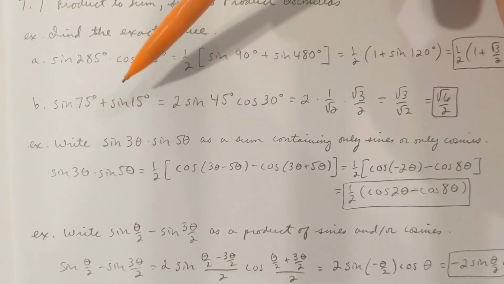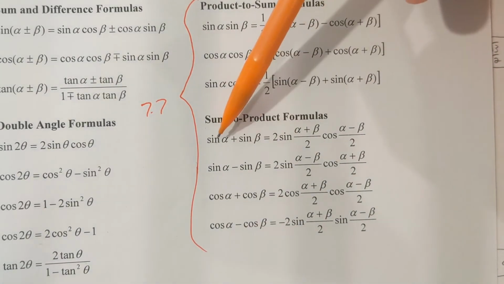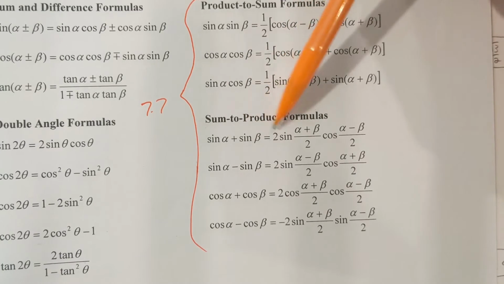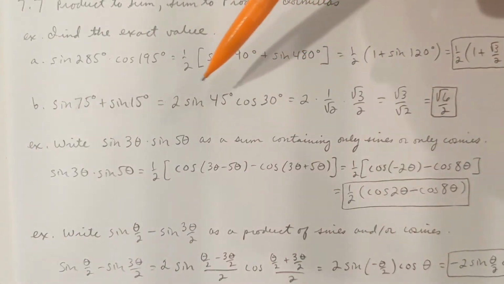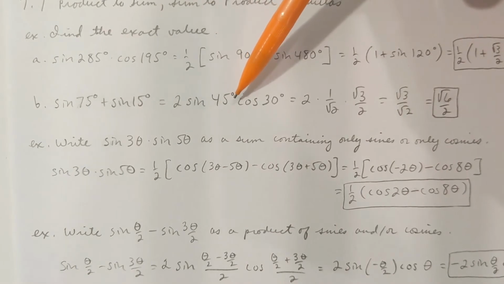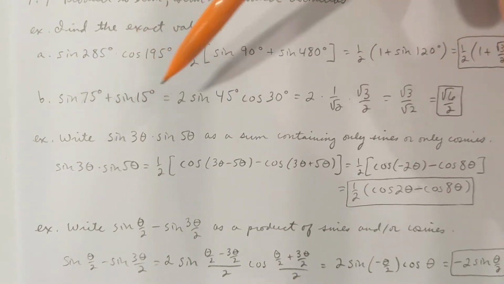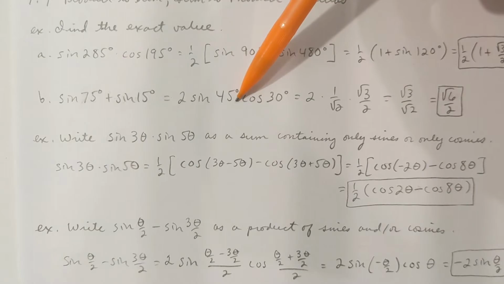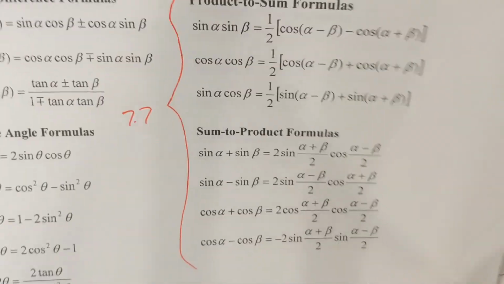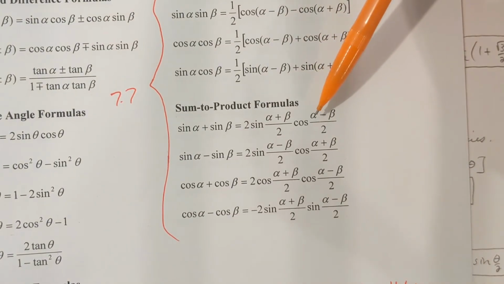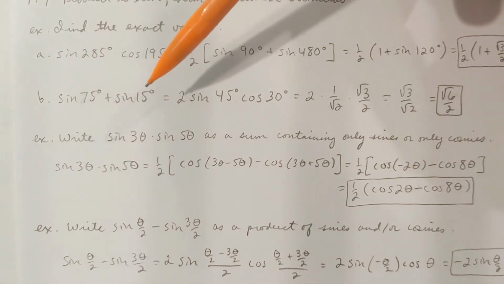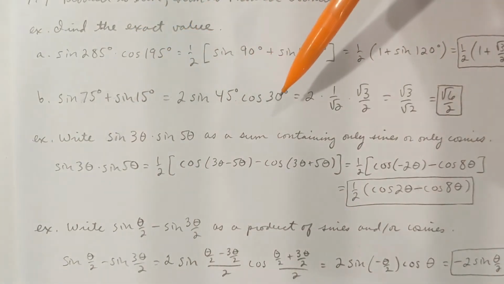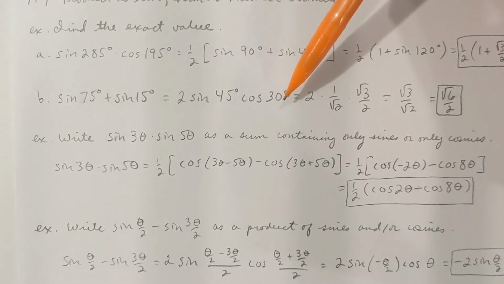I'm adding two expressions involving the sine function, so I'll be using this formula. It's going to be 2 times sine of, you add the angles and divide by 2. 75 degrees plus 15 degrees is 90 degrees, divided by 2, that's 45 degrees. Times cosine of, subtract the angles and divide by 2. 75 degrees minus 15 degrees is 60 degrees, divided by 2 would be 30 degrees.